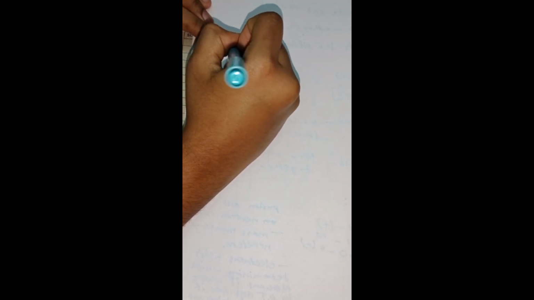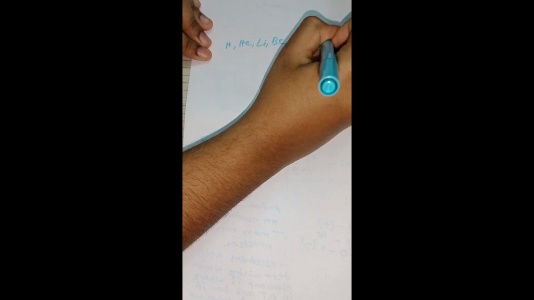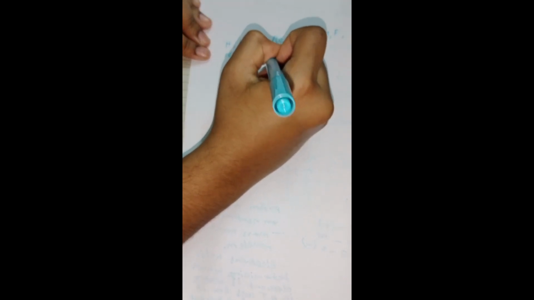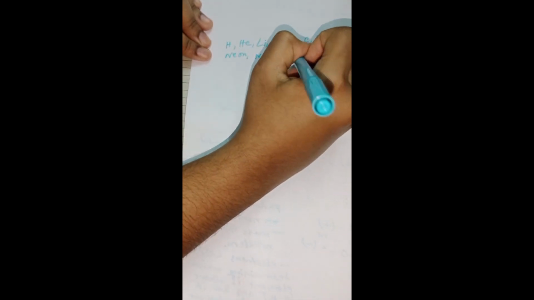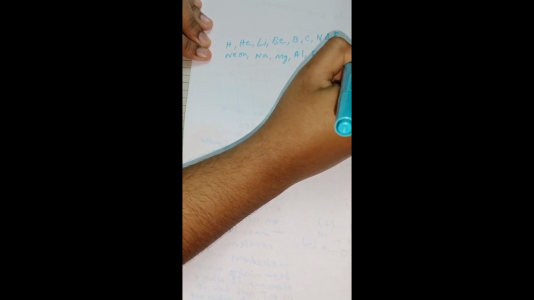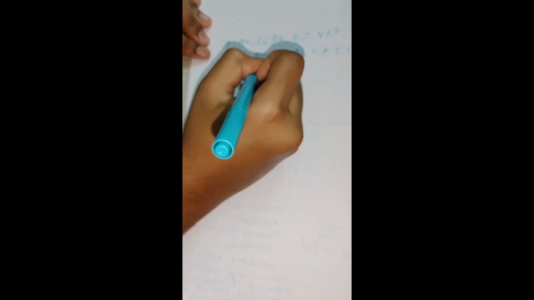So first, we will start off with hydrogen, helium, lithium, beryllium, boron, carbon, nitrogen, oxygen, fluorine, neon, sodium, magnesium, aluminium, silicon, phosphorus, sulfur, chlorine, argon, potassium, and calcium.